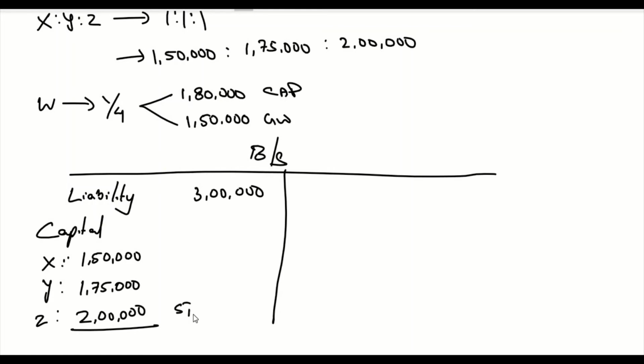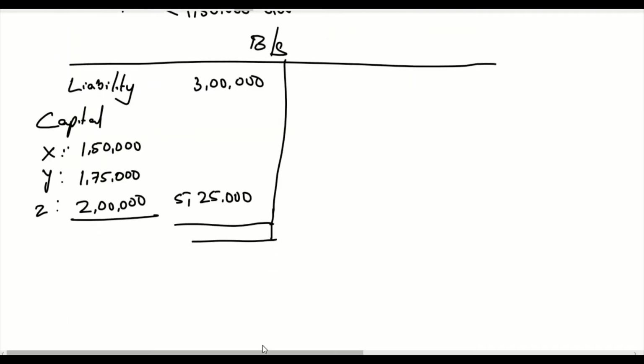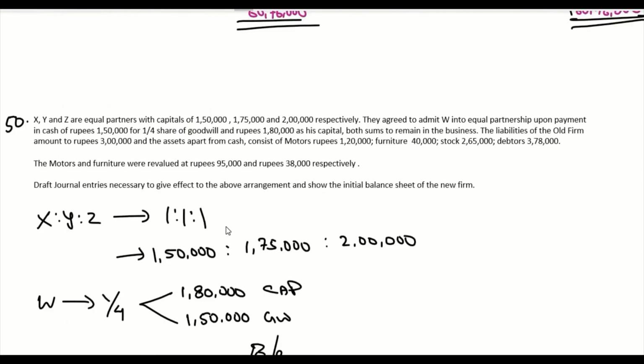It's going to be 5,25,000. The total of the liability side is 8,25,000. So let's move on to the asset side.